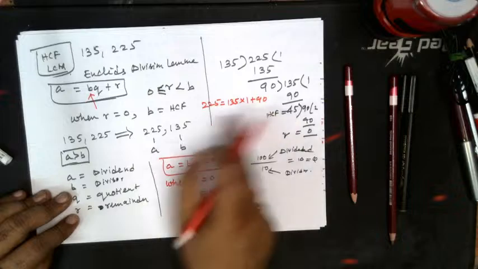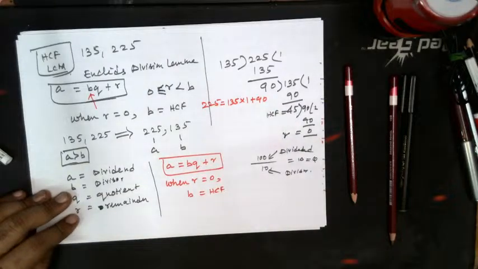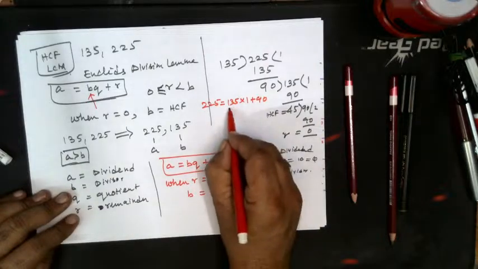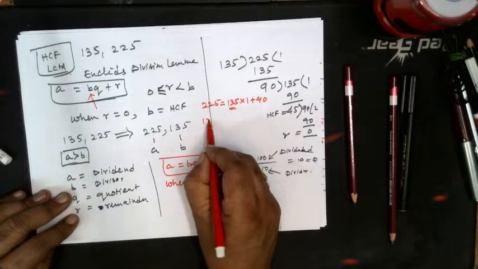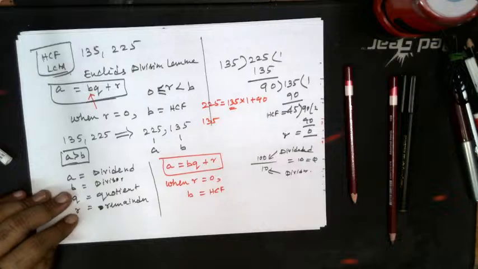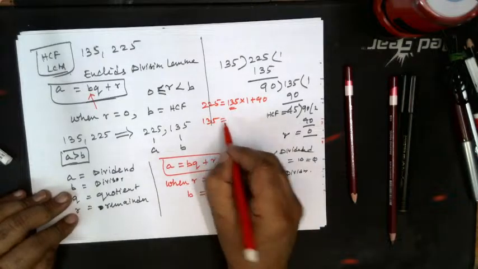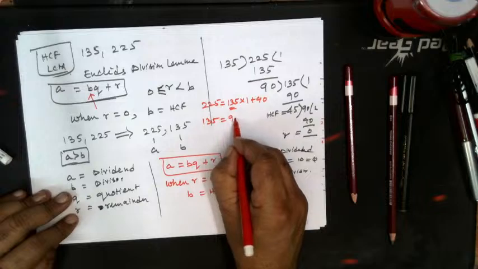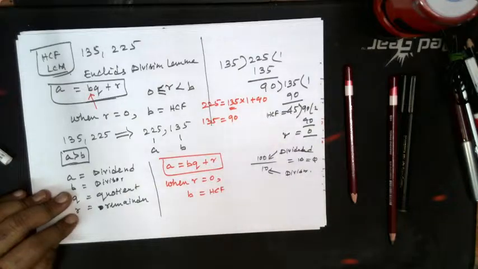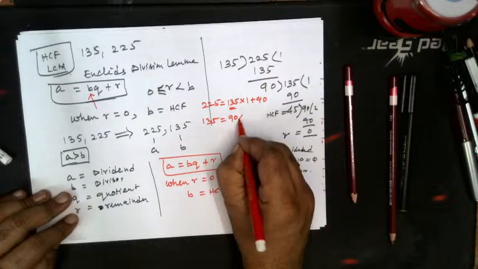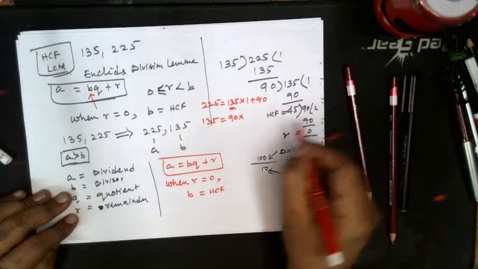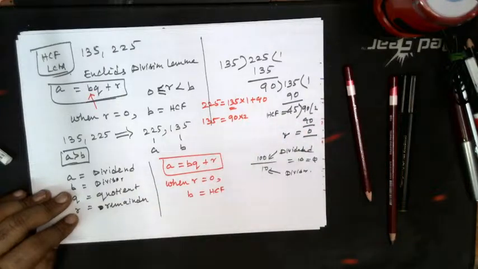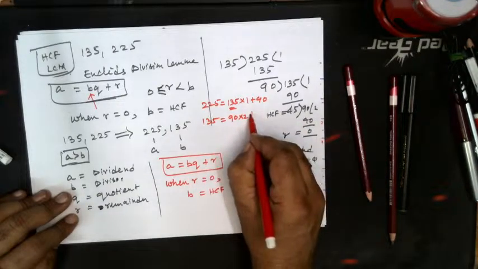You please check it: are you able to get 225? What I told you, you have to take the 135 as the dividend and 90 should be taken as the divisor. What is the quotient? That quotient is 1. And the remainder was 45, correct?